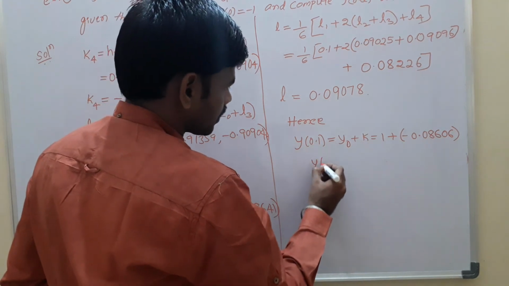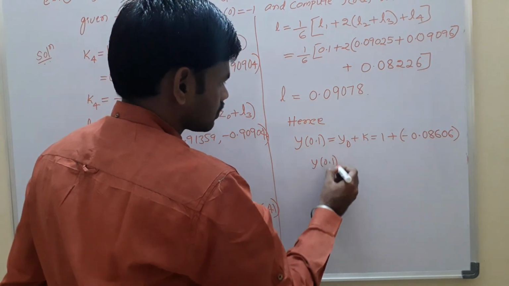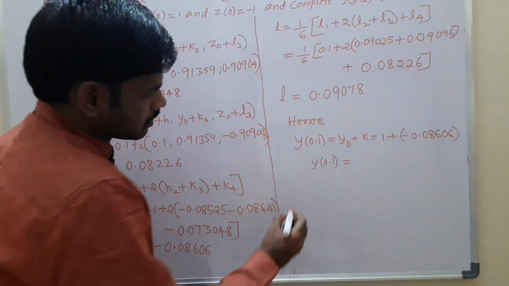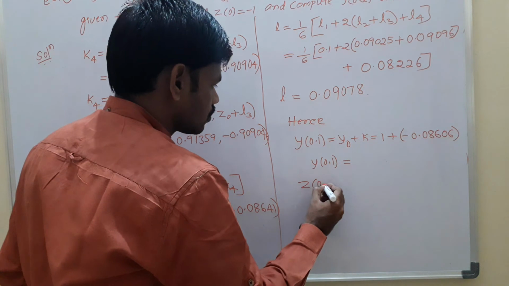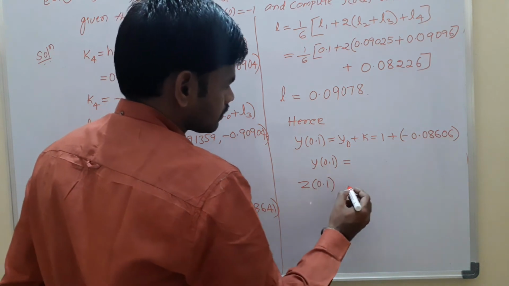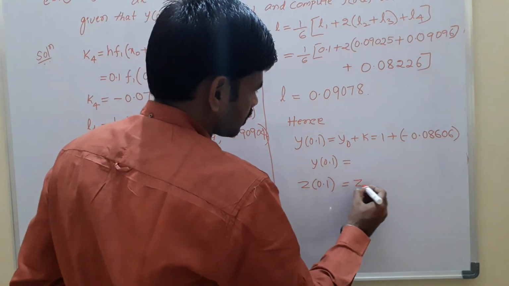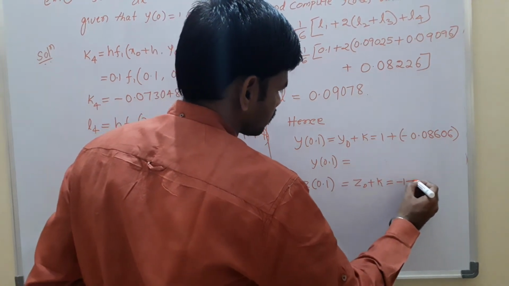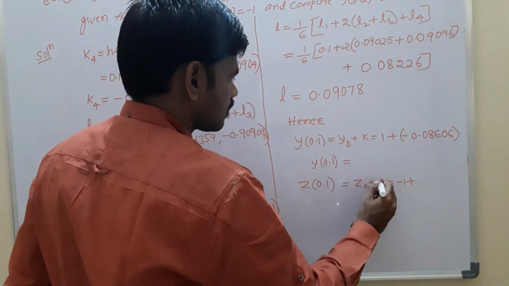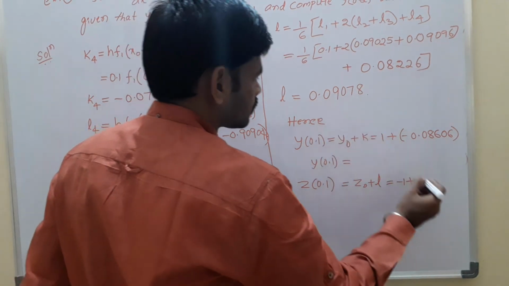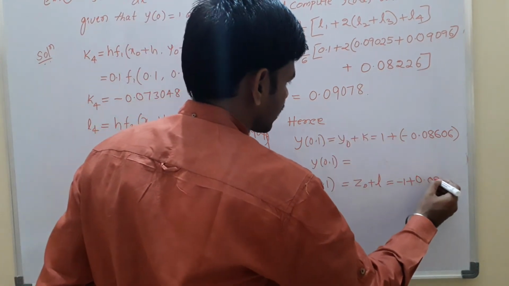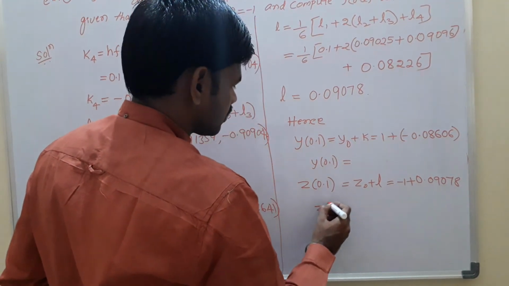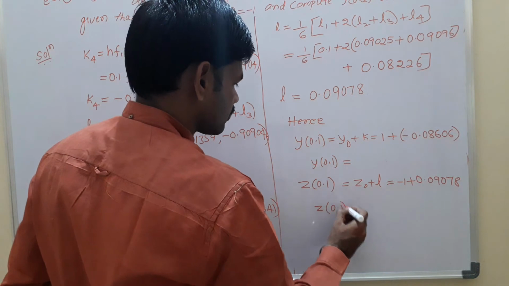So y of 0.1 equal to 0.08606, and z of 0.1 equal to z naught plus k L. So z naught is minus 1 plus L, L is 0.09078. Therefore, z of 0.1.